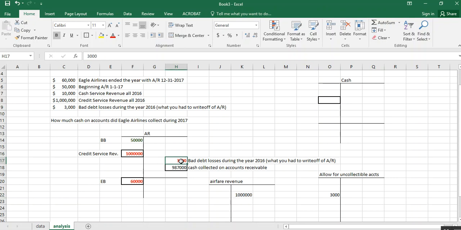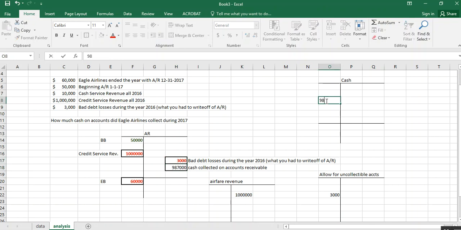And then we have some bad debt losses where we credit accounts receivable and we debit and lower the tank of allowance for uncollectible accounts. The only thing left is the plug or the adjusting entry that has to be, because for us to start with 50 and end with 60 and have credit service revenue of $1 million and then write off 3,000, we have to have 987,000 of cash collected.